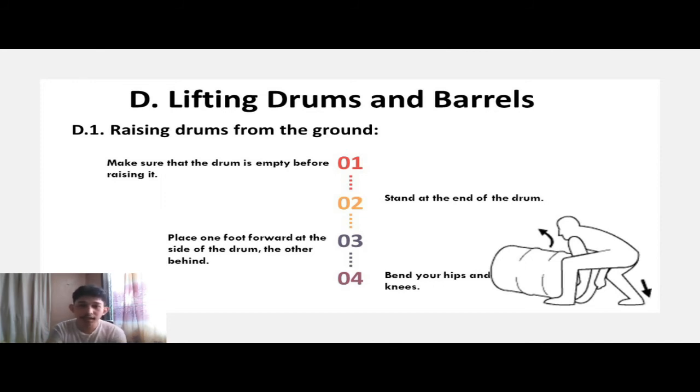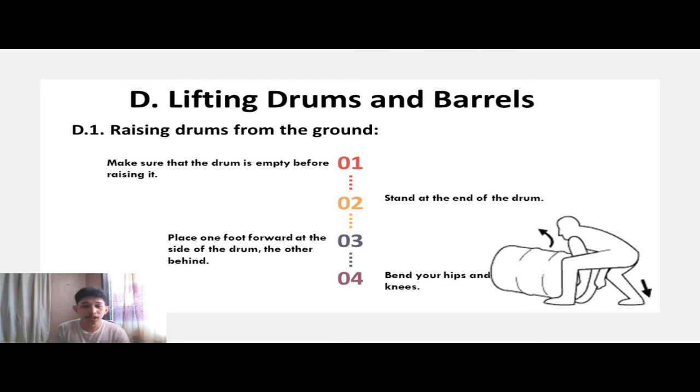The third thing is you need to place one foot forward at the side of the drum, while the other one is behind. It is the common stance or posture when you are preparing to lift something.